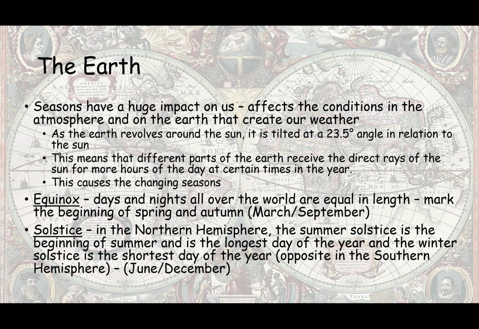So the poles would either get very little sunlight or very little nighttime, very little dusk. So the seasons are because of the tilt of the earth and the way that we go around. So I think I muddled that up.